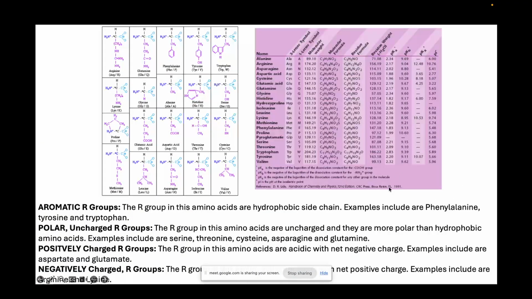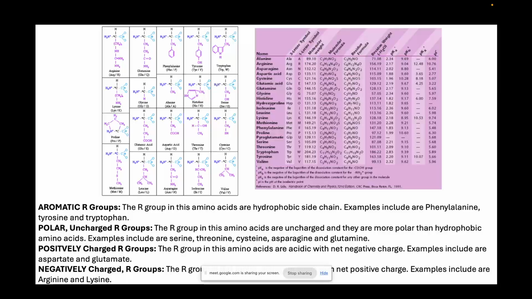Moving on, then you have the charged R groups, where the acidic amino acids have a net negative charge, and they attract positive groups to them. These properties of amino acids being charged, being aromatic, or having a long heavy side chain, all these factors impact how the polypeptide chain, the protein that is getting formed by these amino acids, is going to fold.